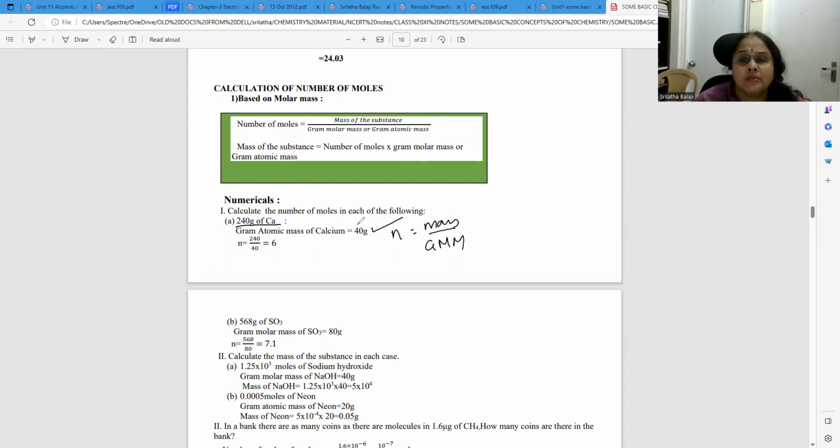Substitute. What is the mass of the substance? 240, divided by atomic mass, which is 40. So how many moles are present in 240 grams of calcium? 6 moles.